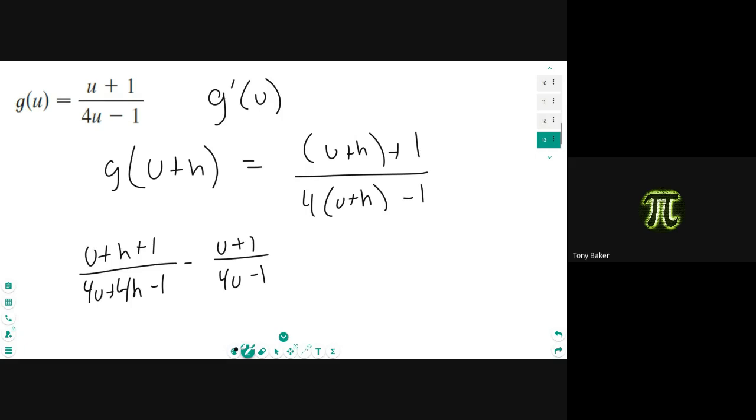If you can't get rid of the h on the bottom, there's a mistake on the top.